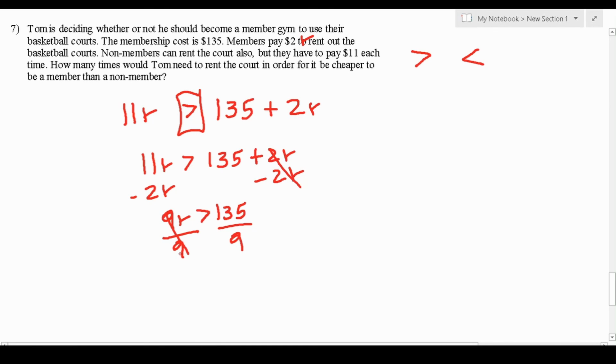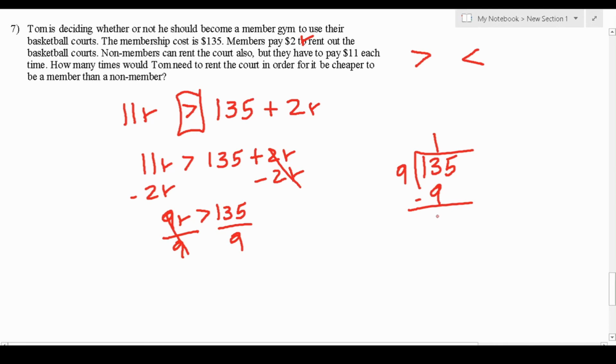Again, we're going to have to do some long division here. So we have R is greater than 135 divided by 9. Let's work that out. It's not too difficult. 9 goes into 1. It doesn't. It's too big. 9 goes into 13 one time without going over, insofar as 9 times 1 is just 9.